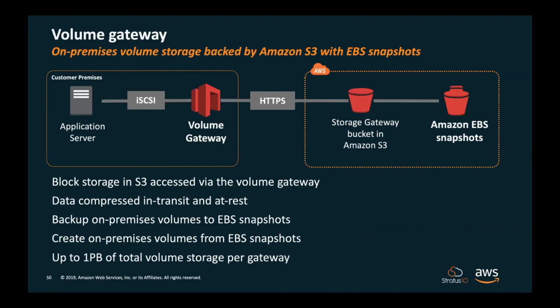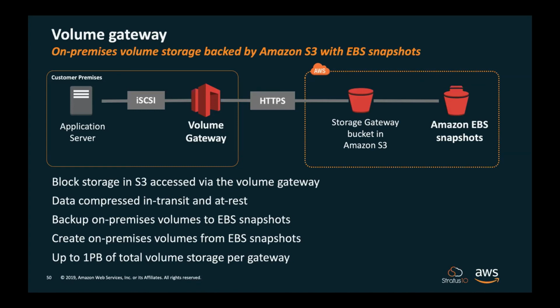Volume gateway gives you the ability to have block level storage, so you would extend a storage device with this iSCSI block storage, again giving you the ability to increase the available total storage for your applications.